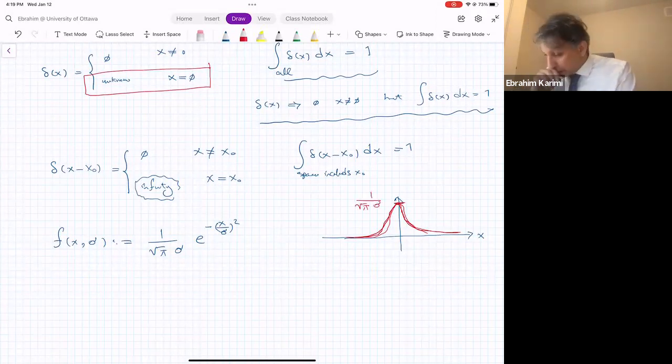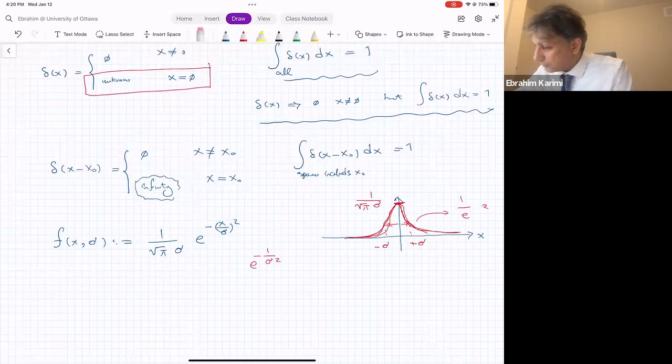At x equal to minus sigma and plus sigma, that value will be e power of minus 1 divided by sigma square.